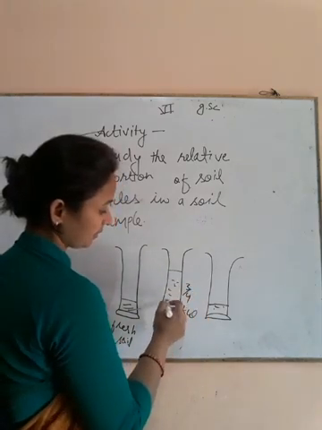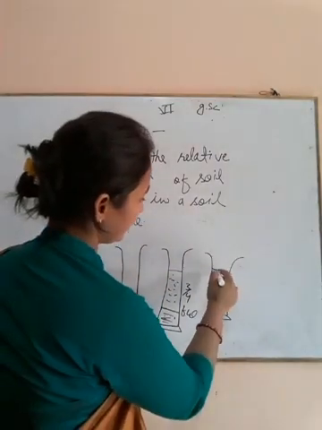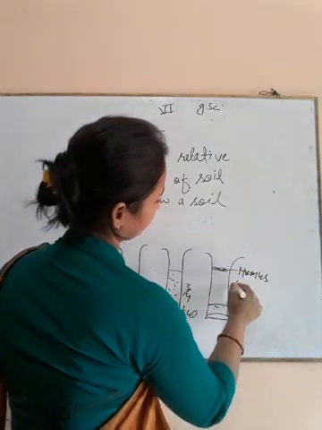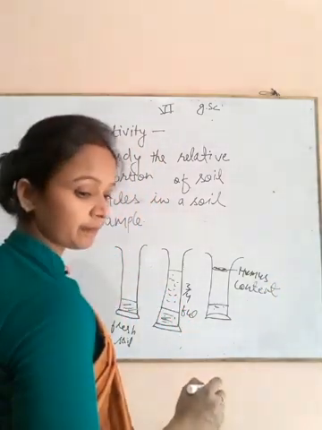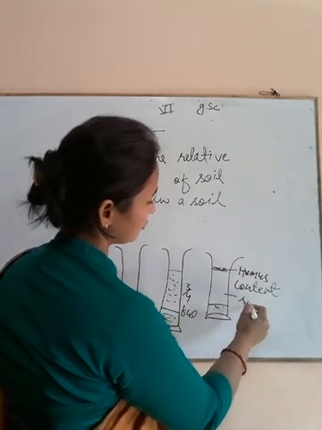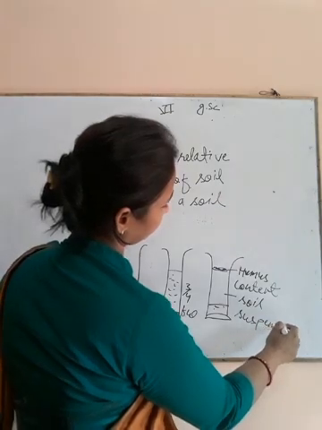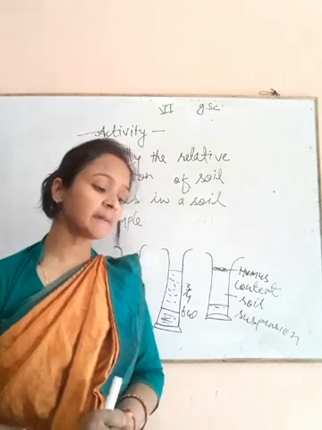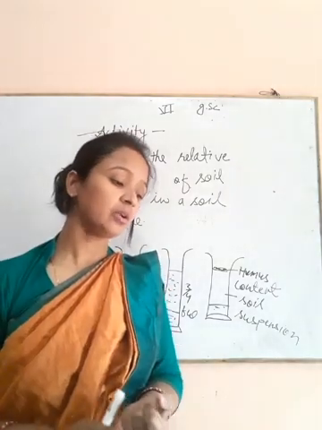This is the water, and then the humus content here, and here the soil suspension. So for this activity, what do you need? Glass cylinder or beaker, soil sample and water.